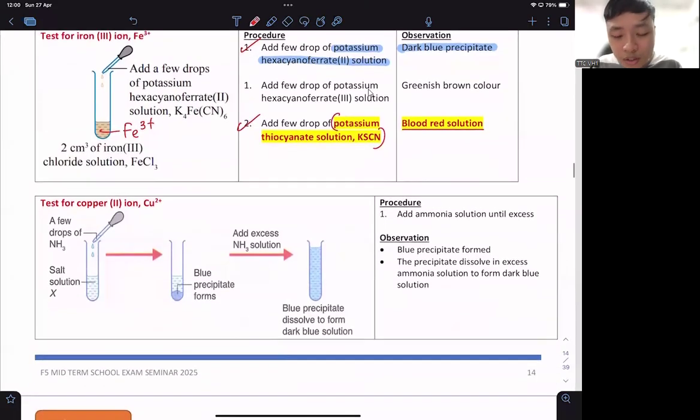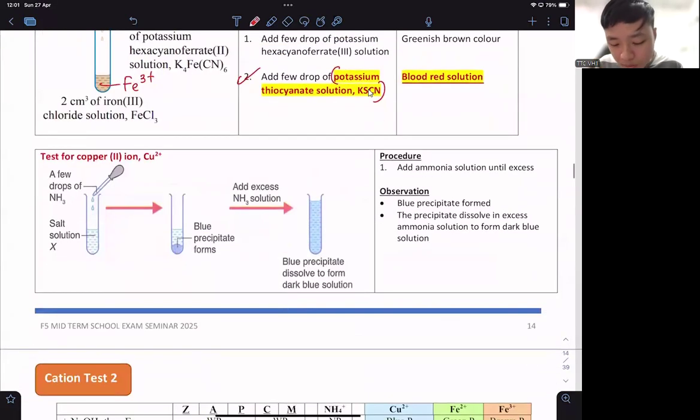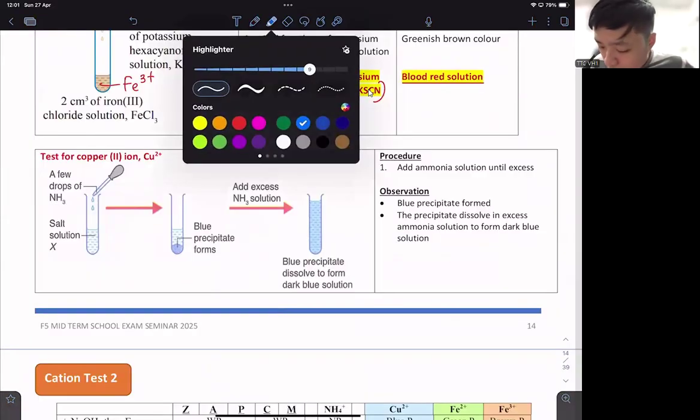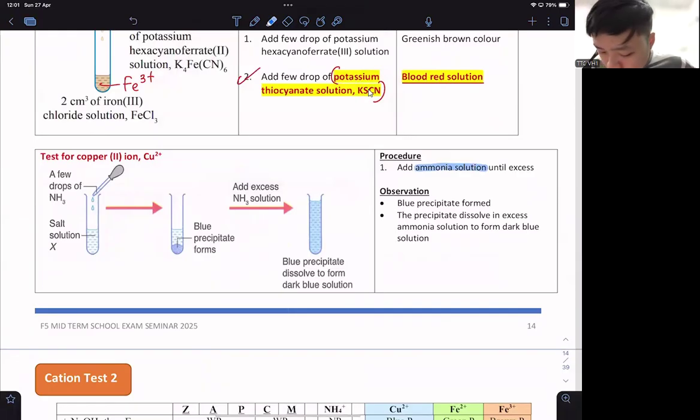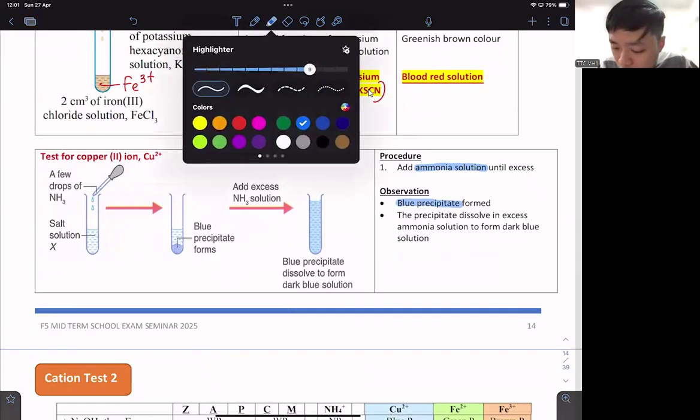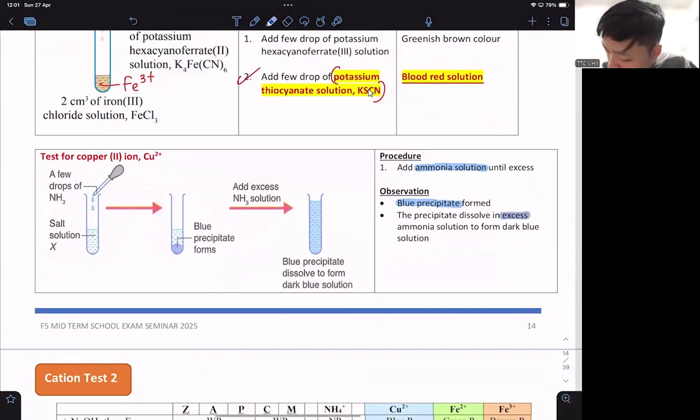And Cu2+, the copper ion: you add ammonia. First, if you add ammonia, you form a blue precipitate. Then you add excess ammonia, extra ammonia, and you will get a dark blue solution.